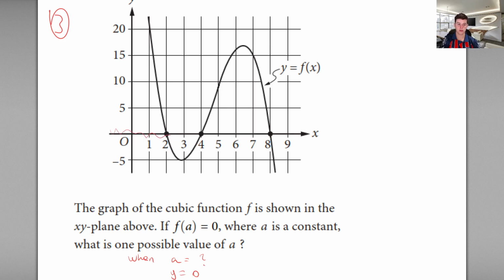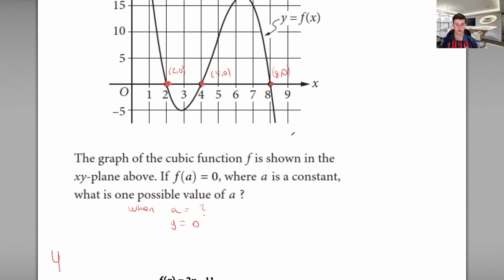So here, here, and here. So this is point (2, 0), (4, 0), and (8, 0). So a can be either 2, 4, or 8. So y is 0. Okay, those are all possible answers.